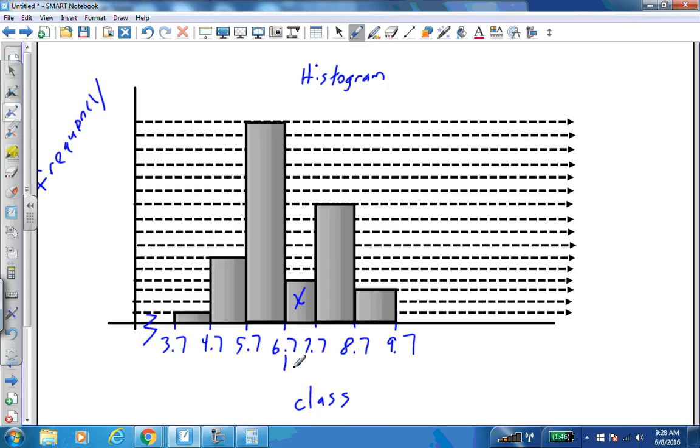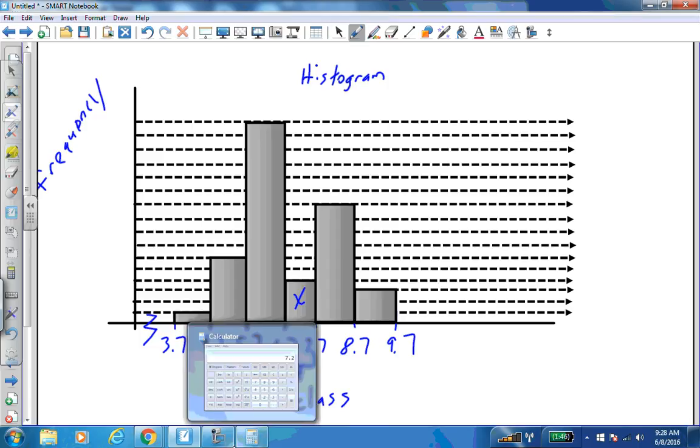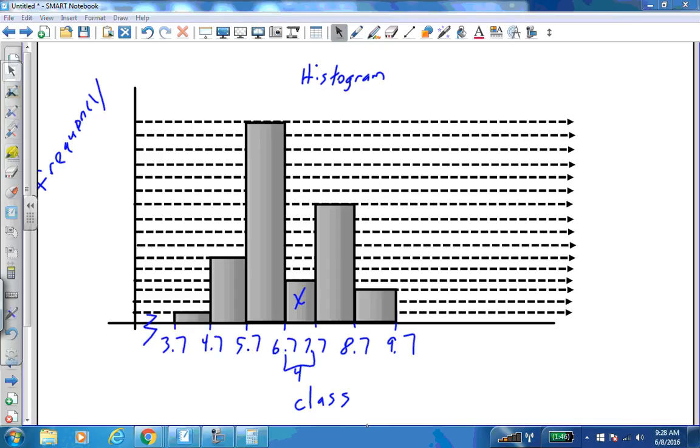So I know in this range, we have 4 data points. We don't know exactly what those data points are. We just know that in that region, we have 4 data points. In this last region, we have 1, 2, 3 data points. Again, we don't know exactly what they are, but we know that we have 3 data points in that region.